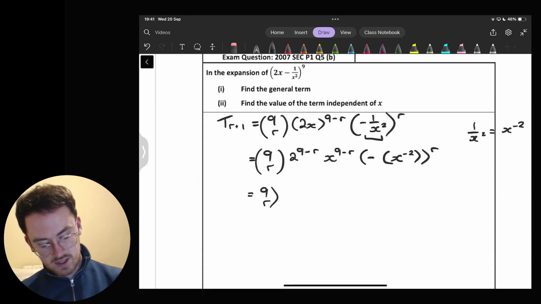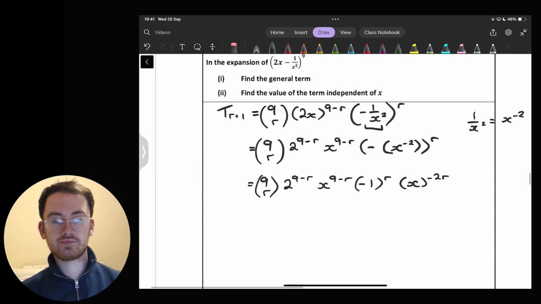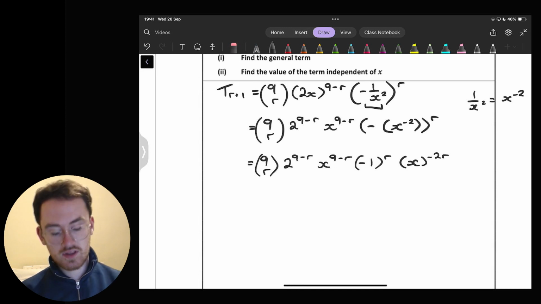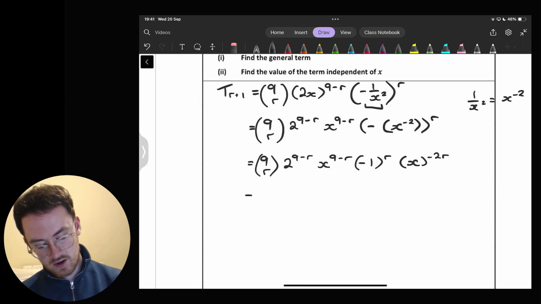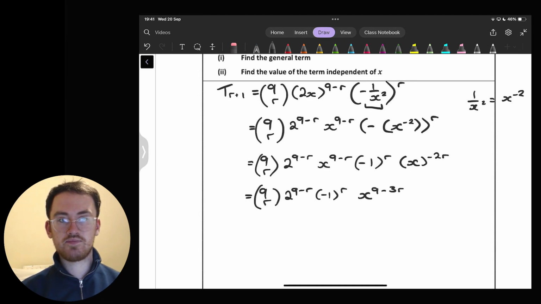And now we're going to separate that out. 2 to the power of 9 minus r, x to the power of 9 minus r, minus 1 to the power of r, and x to the power of minus 2r. Okay, following through with that and combining our x terms as we've been doing with the previous questions, I get 2 to the power of 9 minus r, I get minus 1 to the power of r, and I get a total of x to the power of 9 minus 3r this time.